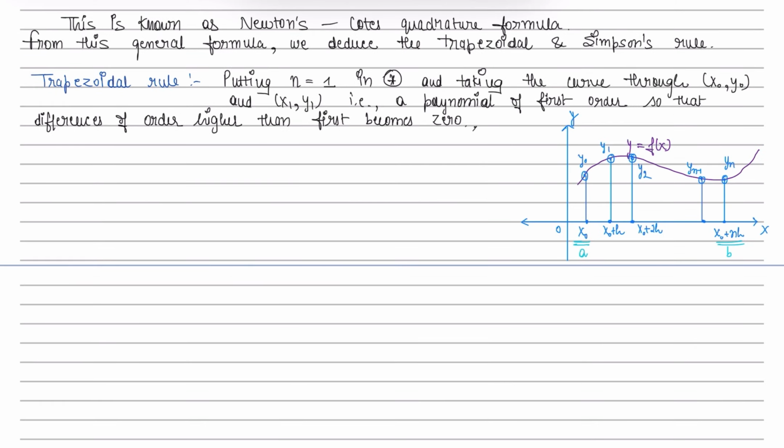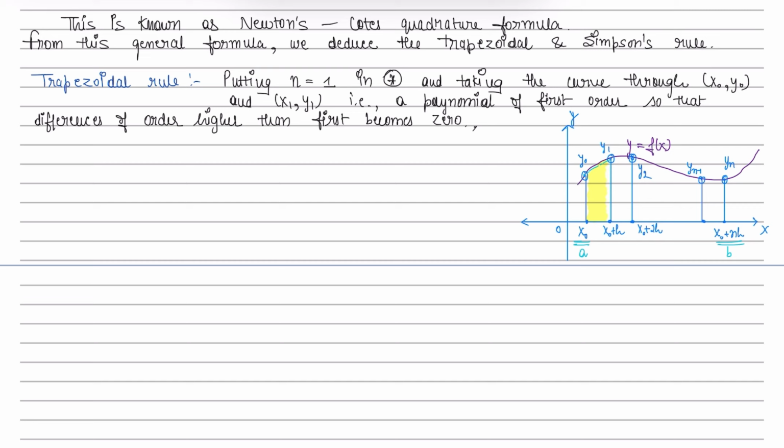Graphically, we take only this portion to approximate the integration. This will be done by joining a straight line from point y0 to y1.